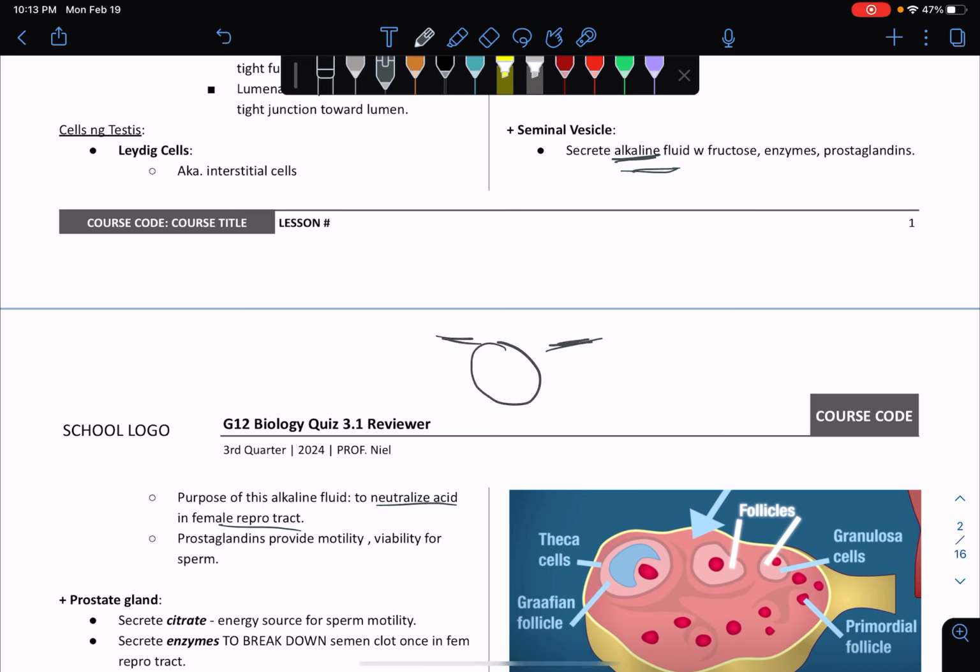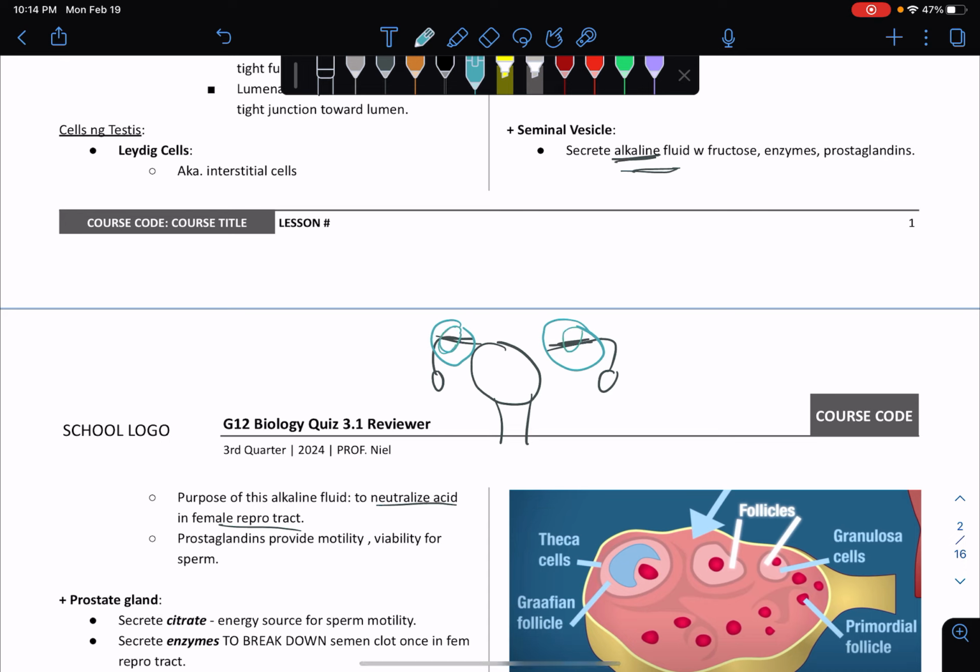Say this is the uterus, this is the vagina, these are the ovaries. They have to travel until here, where the egg cells ought to be located. And that's where fertilization is supposed to happen, given that sperm cells arrive at this point.